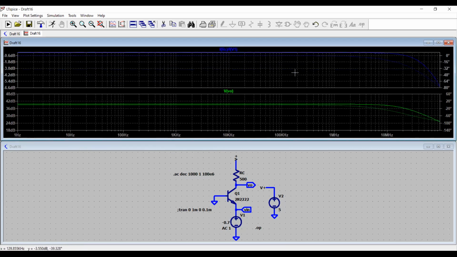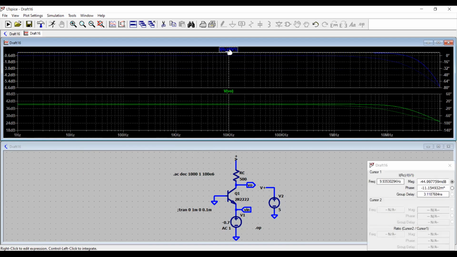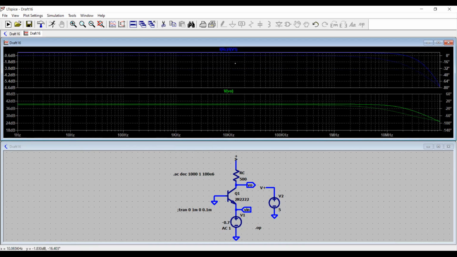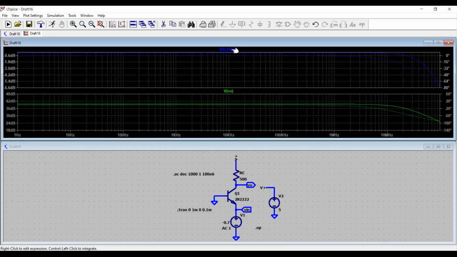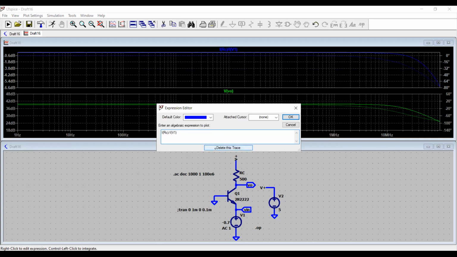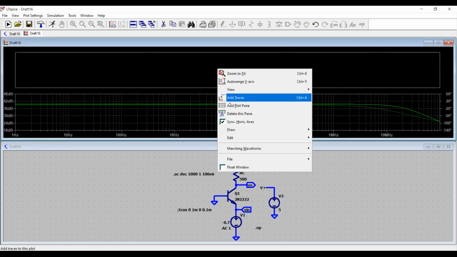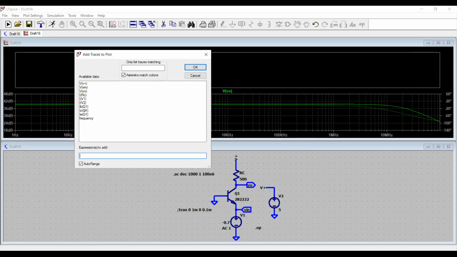So that is the output current. How about I just do one thing, like delete this maybe and click add trace. IC, the collector current, divided by the input current I of V1.